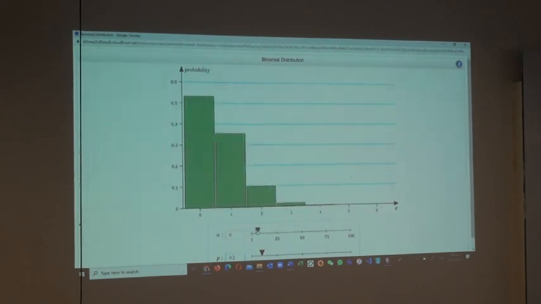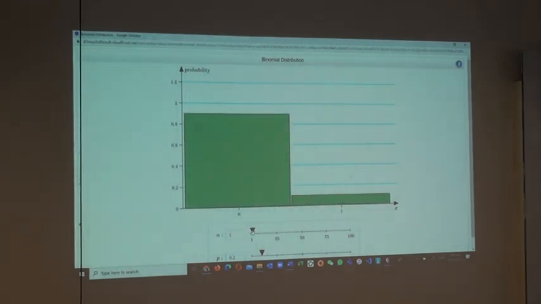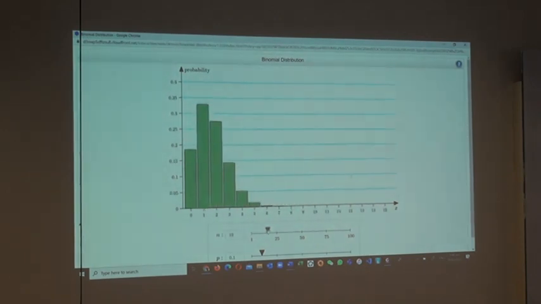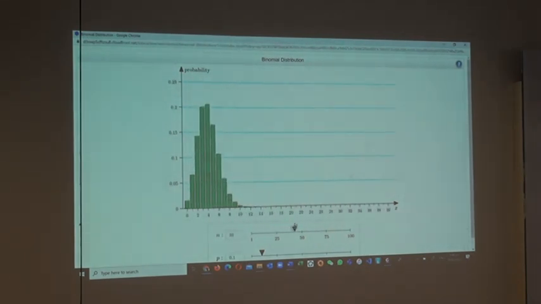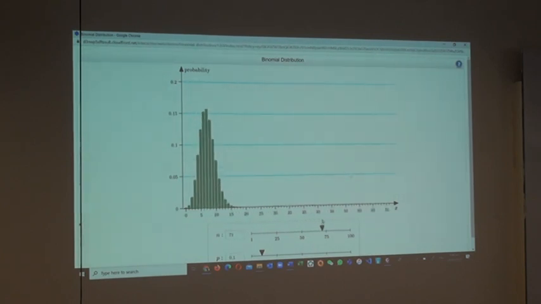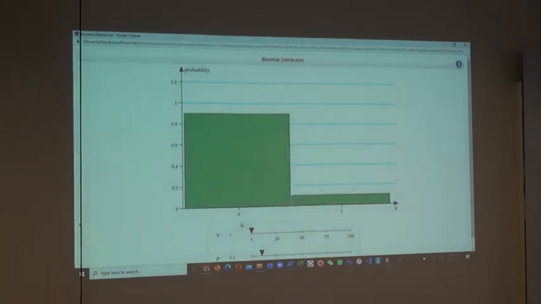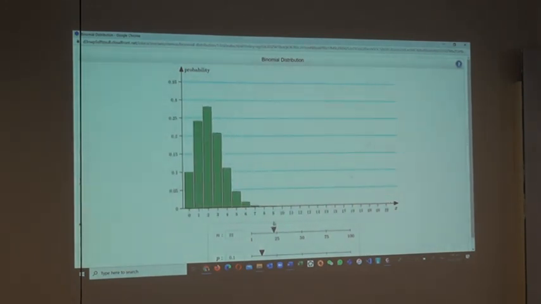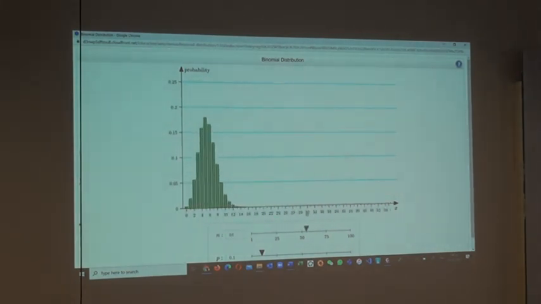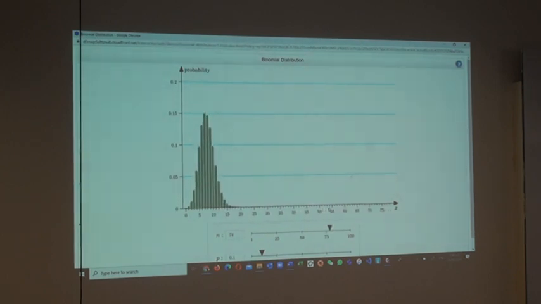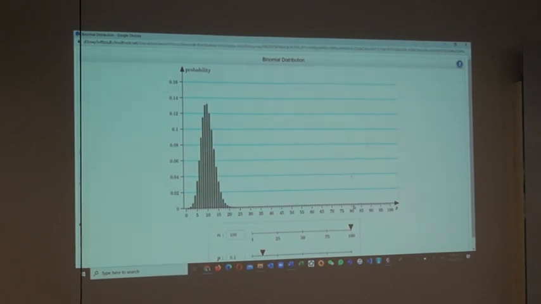Now let's start, so n starts from 1, and it goes and goes and goes. Observation. As I increase n, what do you notice about the shape of the distribution?